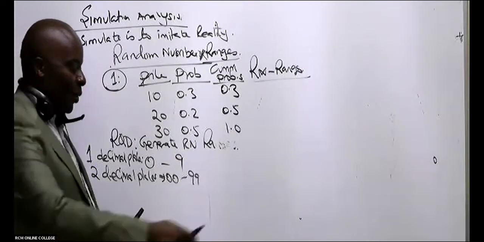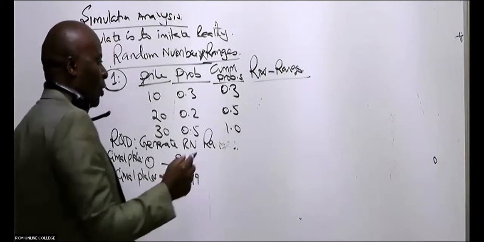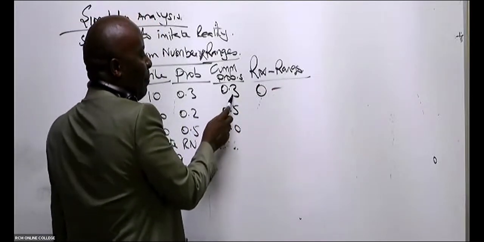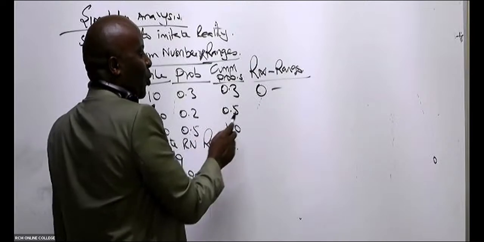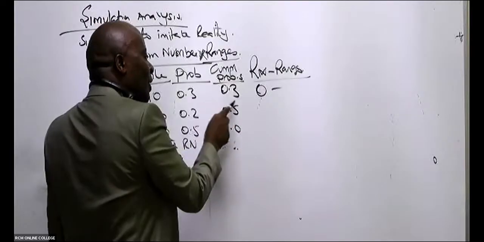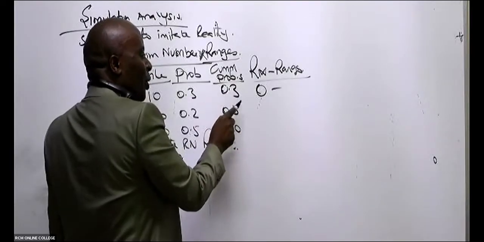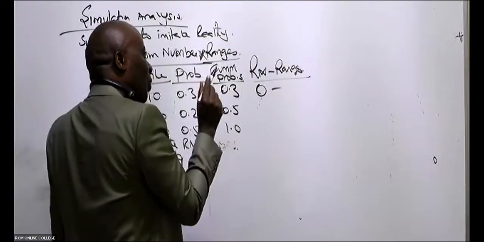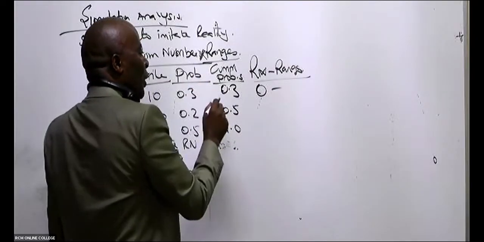To get the range for the first class, it starts at 0 and goes to the upper limit, which is 3. To get the upper limit, you take this 3 as if it's a whole number and deduct 1.